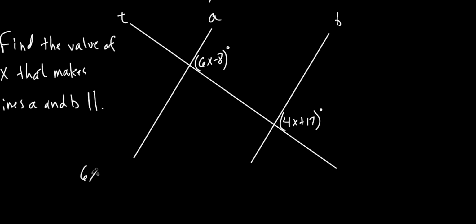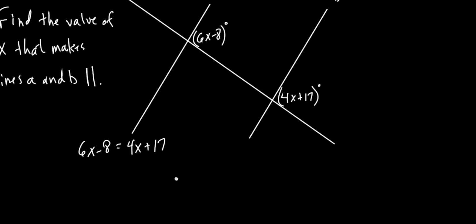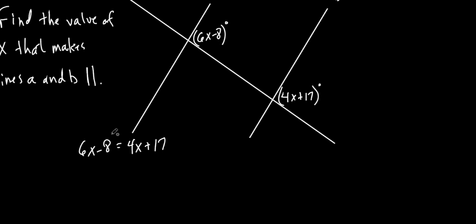So I'm going to go 6x minus 8 equals 4x plus 17. It's a little different than that problem that we did before we started the lesson. So this time, they would be equal to each other in order to make those lines parallel. And now, we just do what we've always done. Get x by itself.